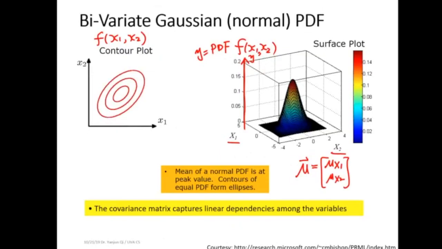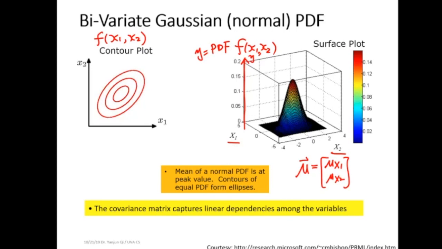Sigma 1 and 2 really just represent how wide my data is distributed along the x1 dimension, apart from the mean of x1, and sigma 2 shows how wide my data is distributed apart from the x2 mean.